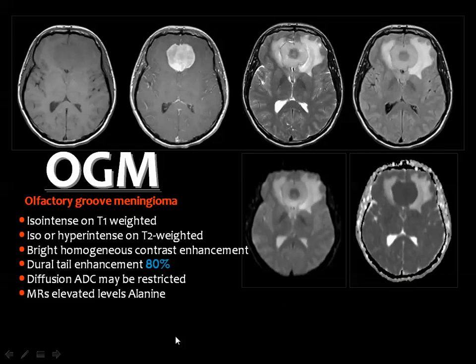And you know that meningioma, because of the cellularity, will show restricted diffusion in diffusion weighted images. And this is one of the criteria of meningioma and the lymphoma.